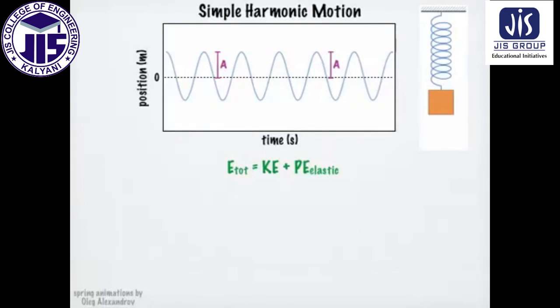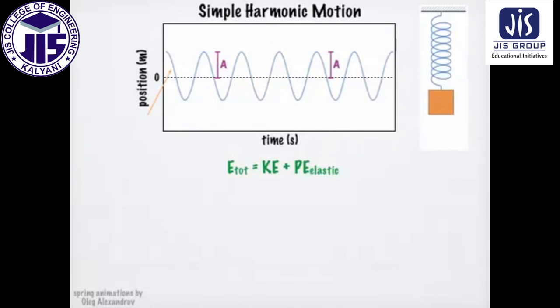In the case of our ideal spring, if we ignore gravity for now, there is only translational kinetic energy and elastic potential energy. When the spring is at its highest, most compressed point, it has stored elastic potential energy only. As it moves downward, it converts some of that elastic potential energy into kinetic energy.